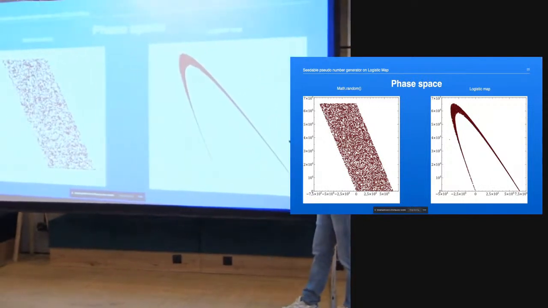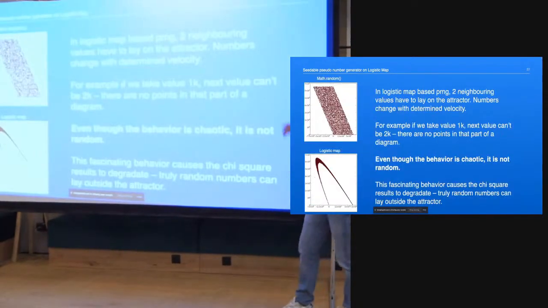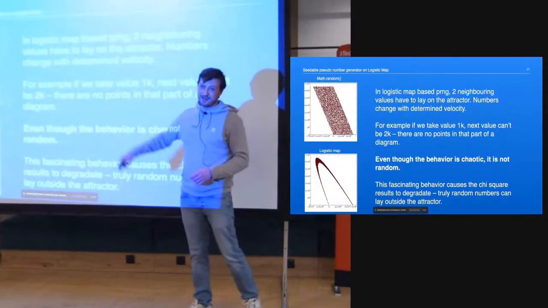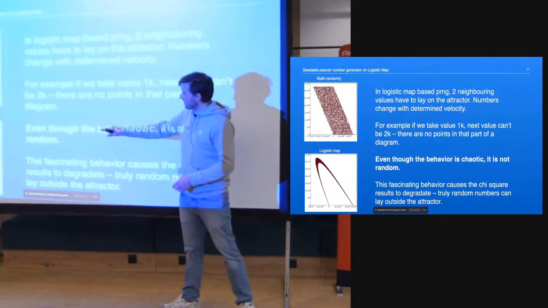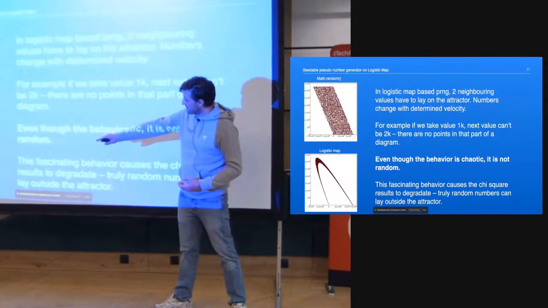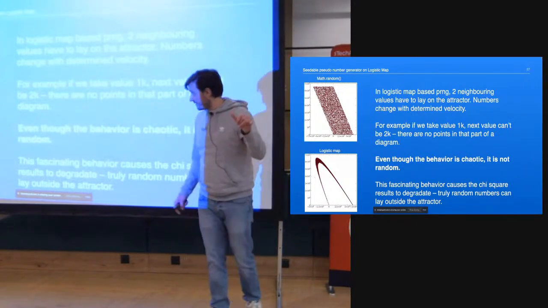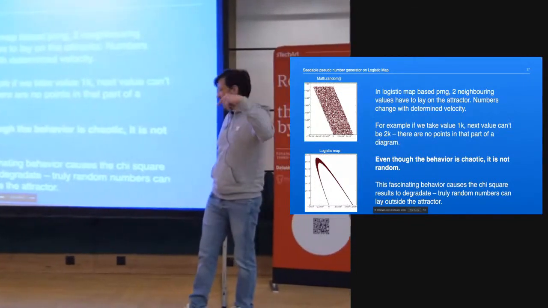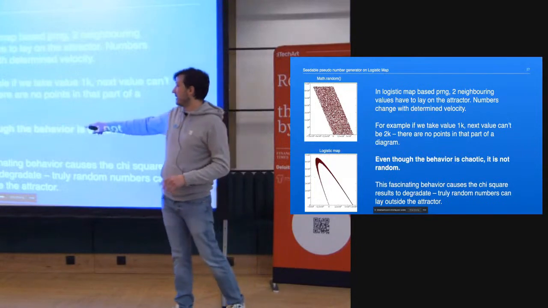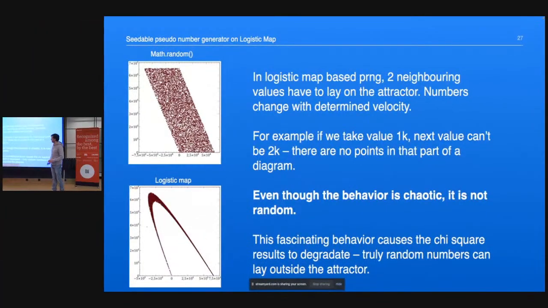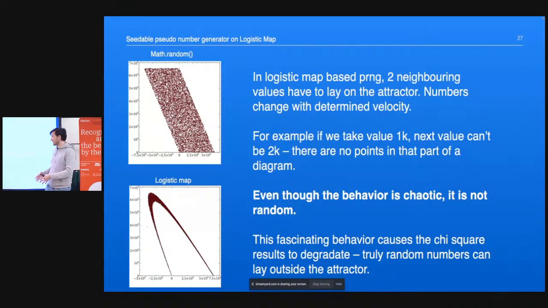This is the place where all of our solutions will lie. As you can see, we will get numbers from 0 to 16, but they will form a pattern. And that pattern is what is making our PRNG fail as a PRNG.